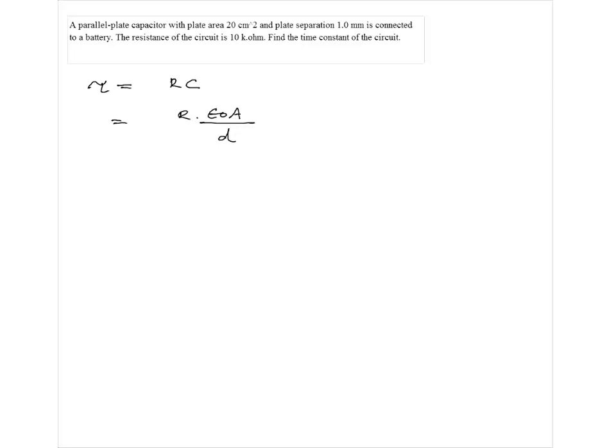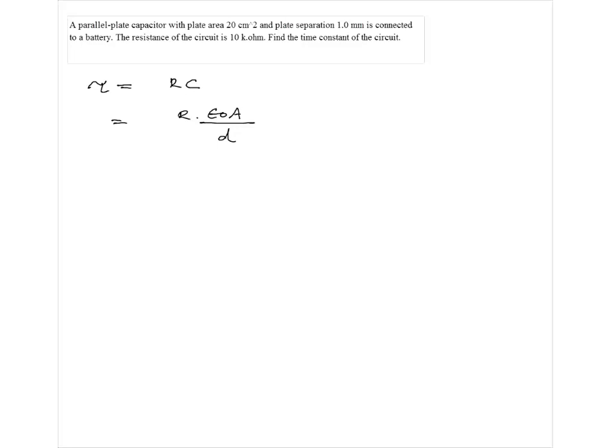It's as simple as that. Just calculate that. You should mention the unit. I suppose it is second that you are saying.